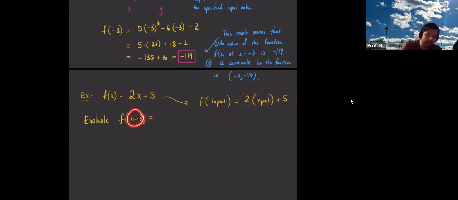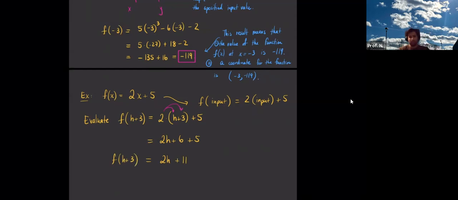In this case, the input is h plus 3. So now look what I can do. I can do 2 multiplied by h plus 3, plus 5. Then what can I do? Then I can distribute the 2, and I get 2h plus 6 plus 5. And the result is 2h plus 11. So this is where it gets a bit more on the algebraic perspective, because we're plugging in an algebraic expression for x, and my y value is also another algebraic expression.